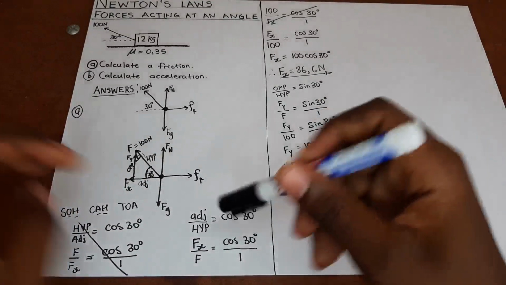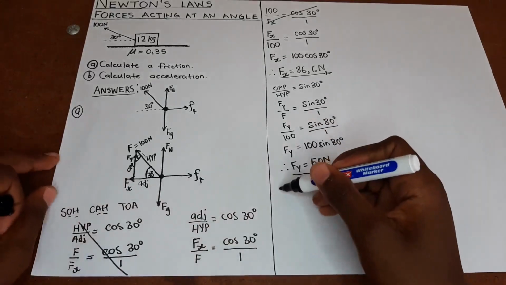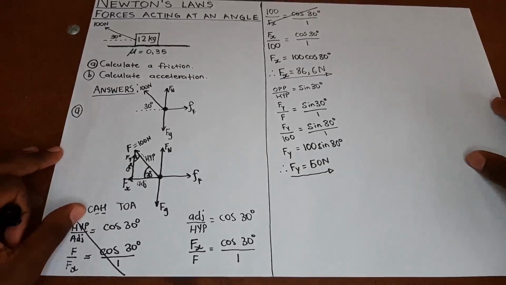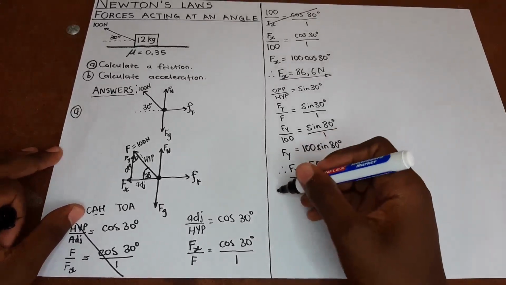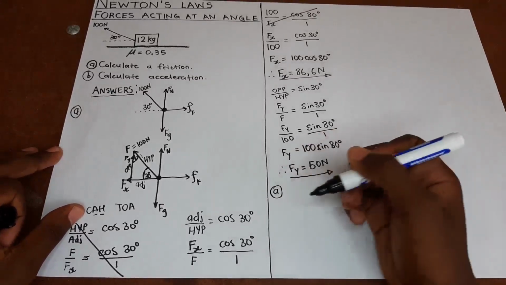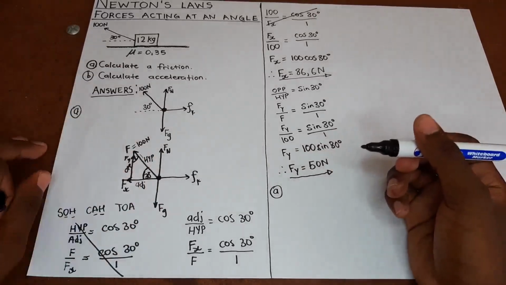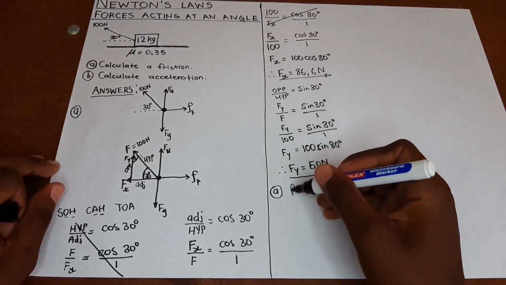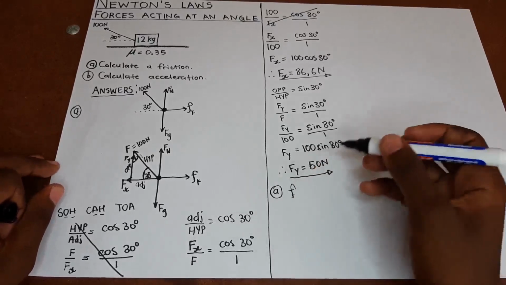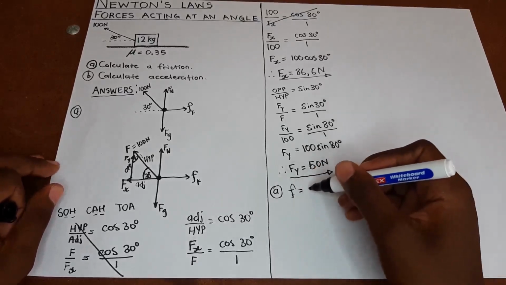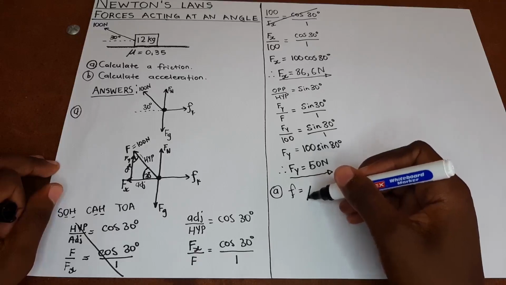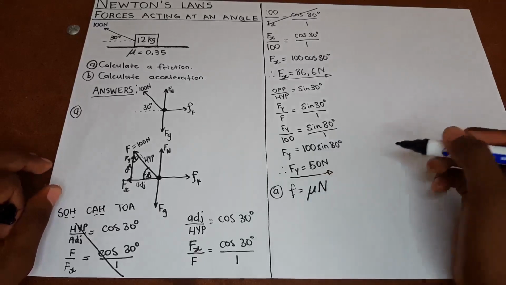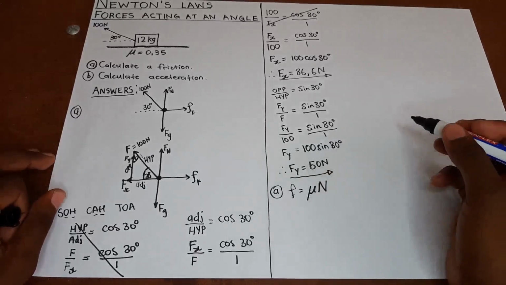So let's answer A. A: calculate the friction. Let's calculate the friction right now. Our frictional force is equal to mu multiplied by the normal force.